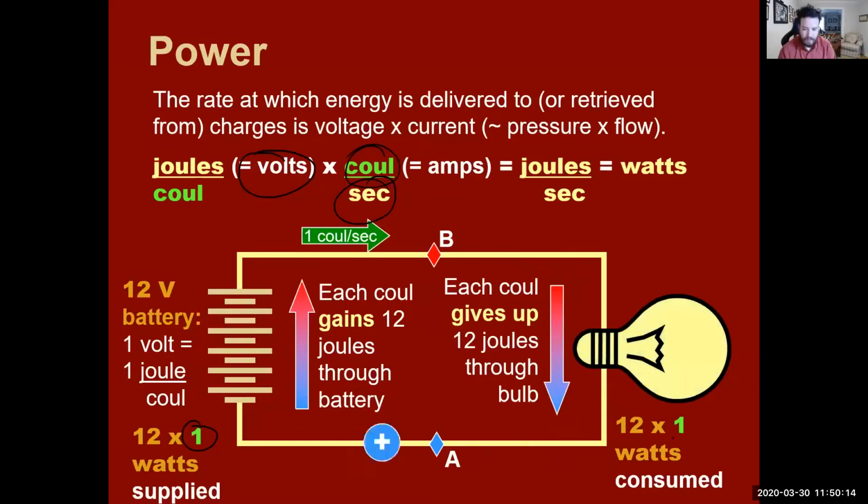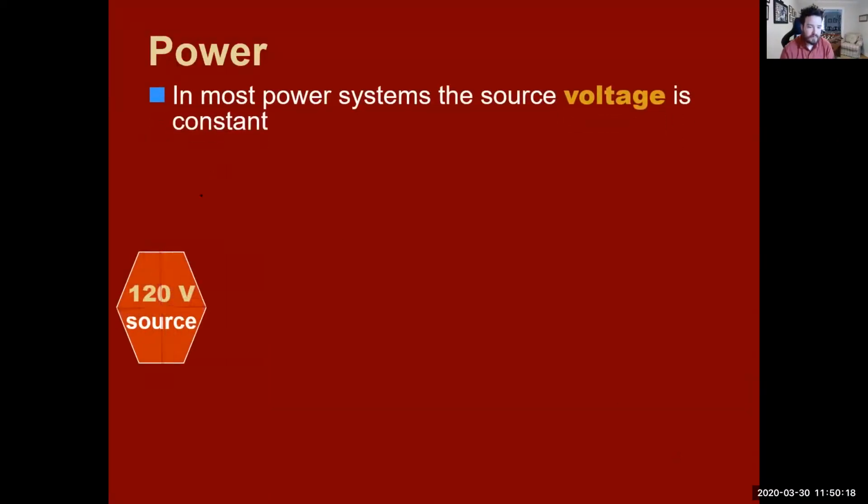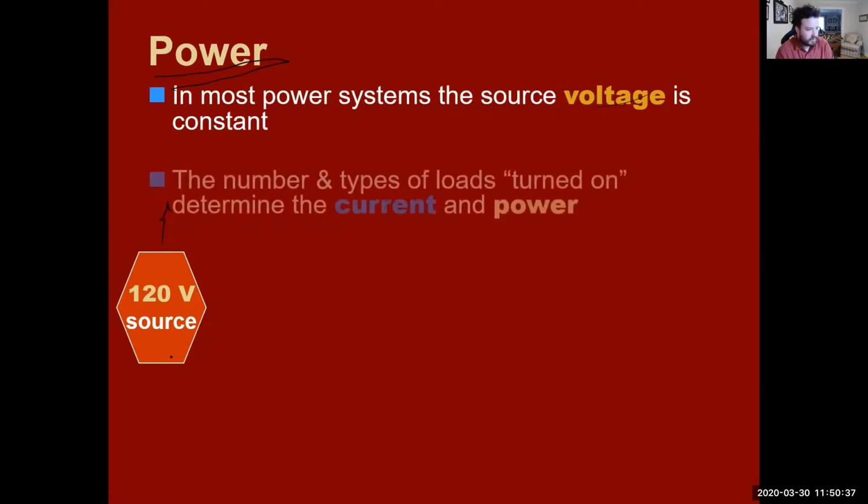All right. So as we go through and we have power, in most power systems, the voltage is constant. We talk about a 12 volt battery, or if you have a 24 volt battery, or you have a 120 volt system, which is a house voltage. All right.